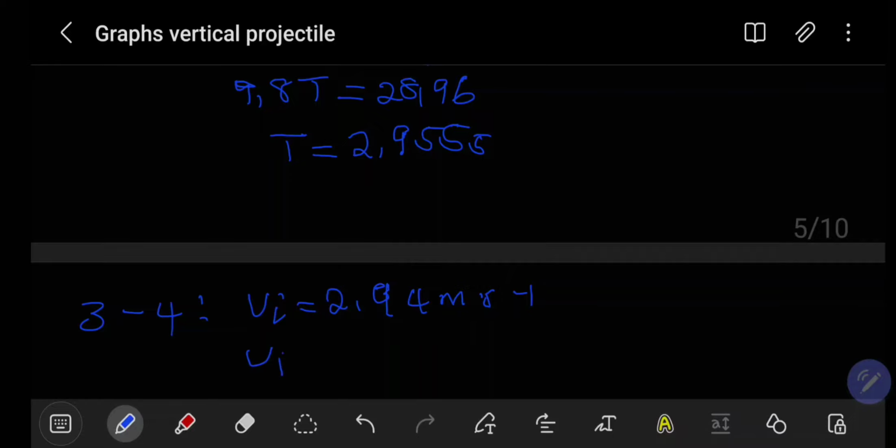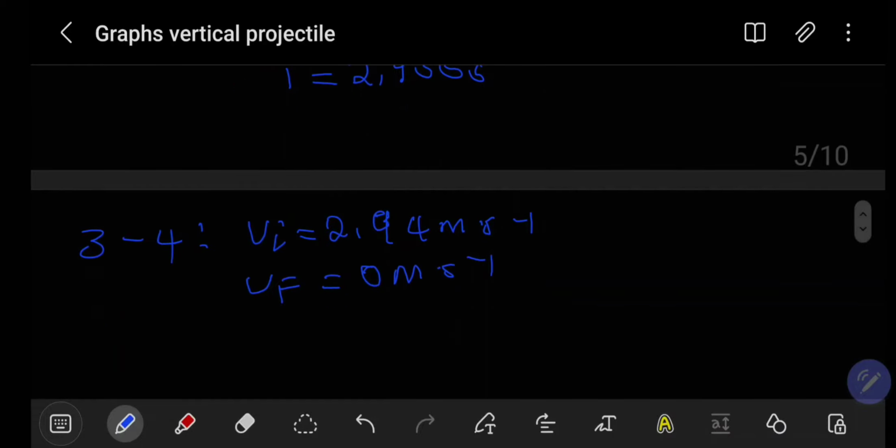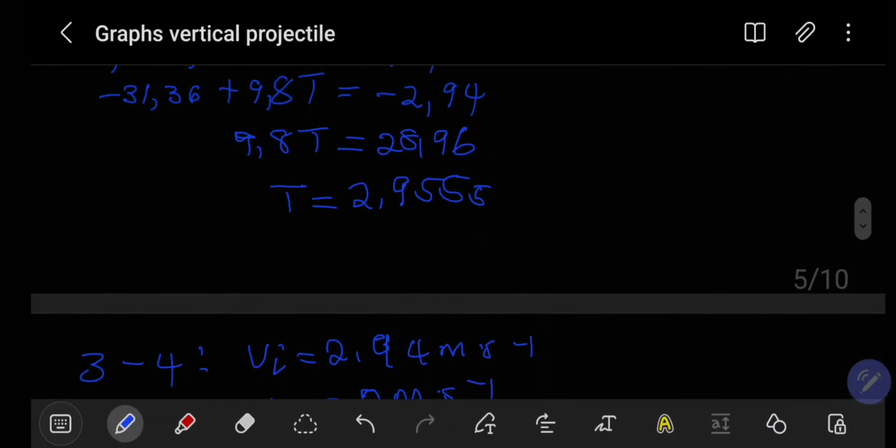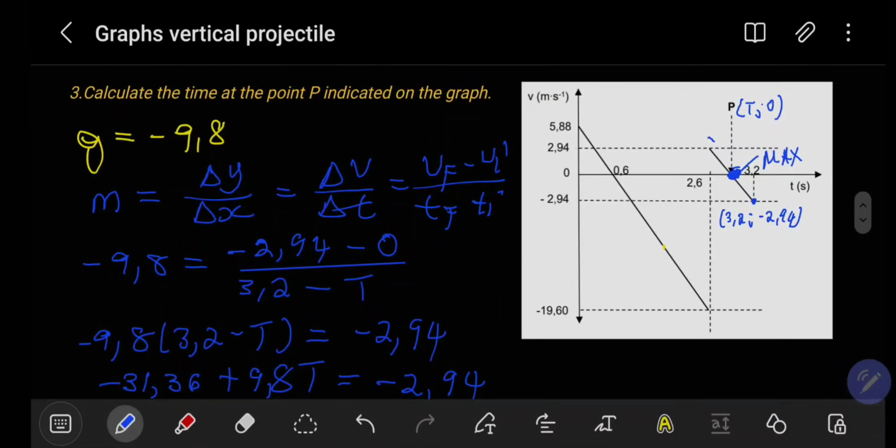The final velocity, where the ball reaches maximum height, is 0 meters per second. The gravitational acceleration is negative 9.8 meters per second squared.